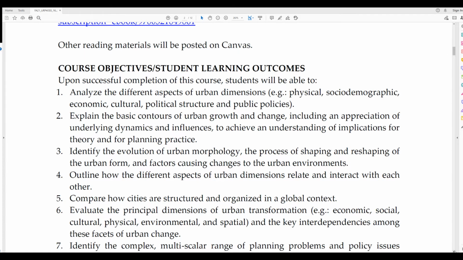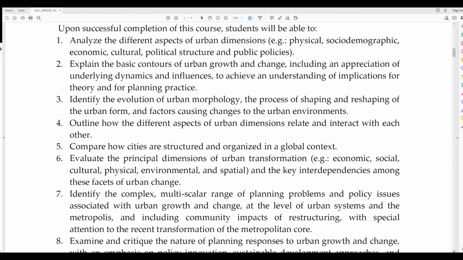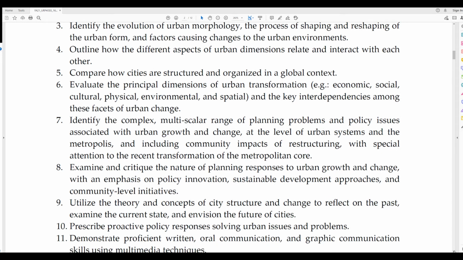The fourth outcome is to outline how the different aspects of urban dimensions relate and interact with each other. And the fifth is to compare how cities are structured and organized in a global context. Number 6 is to evaluate the principal dimensions of urban transformation and the forces behind those transformations.